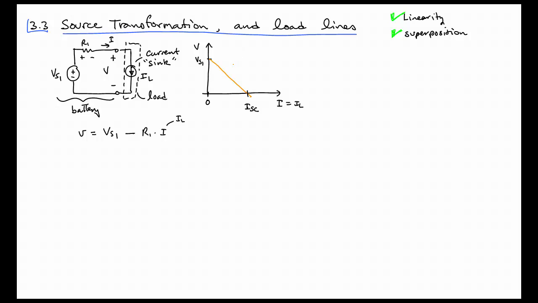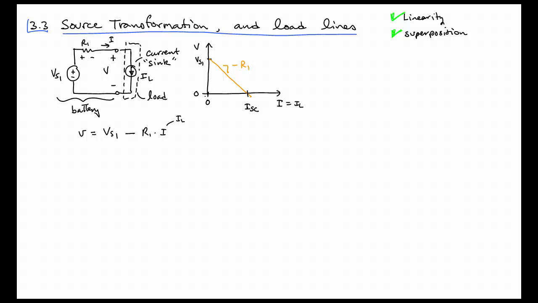The slope of this line, as I mentioned, is going to be minus R1. The open circuit voltage, open circuit meaning there's no IL, nothing connected to the load, no load connected, will be VS1. And at the point that the line crosses the x-axis, we have a voltage across our load of 0.